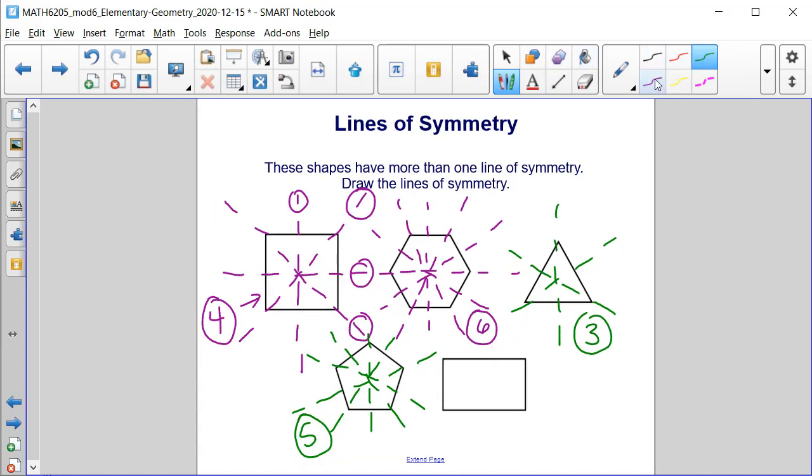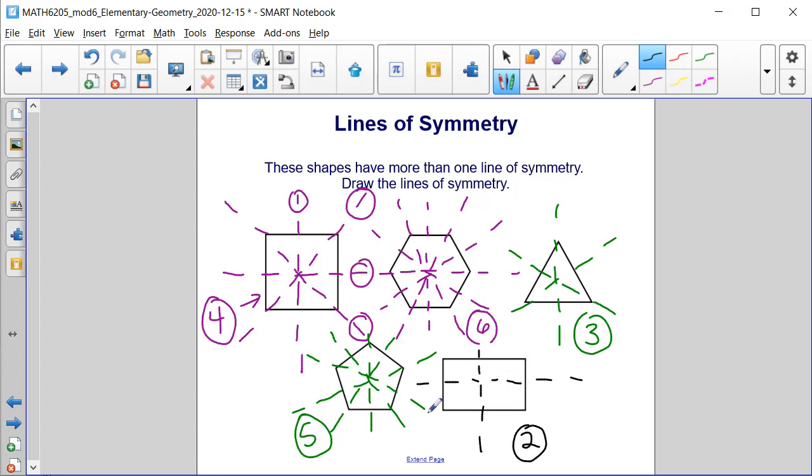And the last figure that we have here is a rectangle. A rectangle can be folded horizontally as well as vertically to get the same shape on both sides. And notice that because this is not a square, we can only draw 2 lines of symmetry in this rectangle.